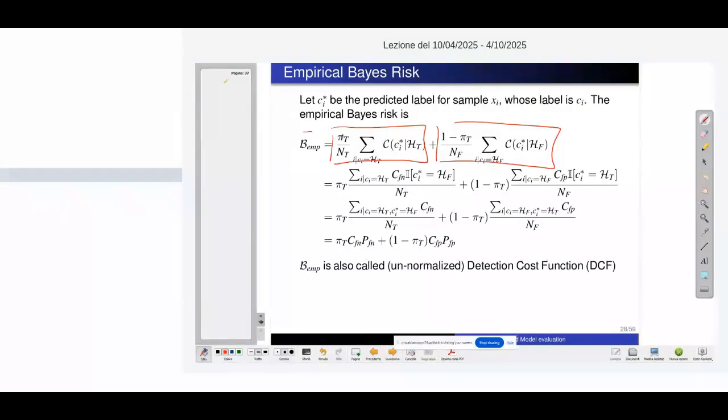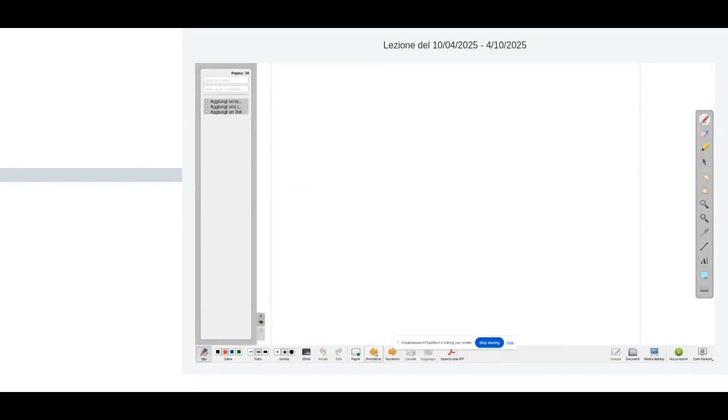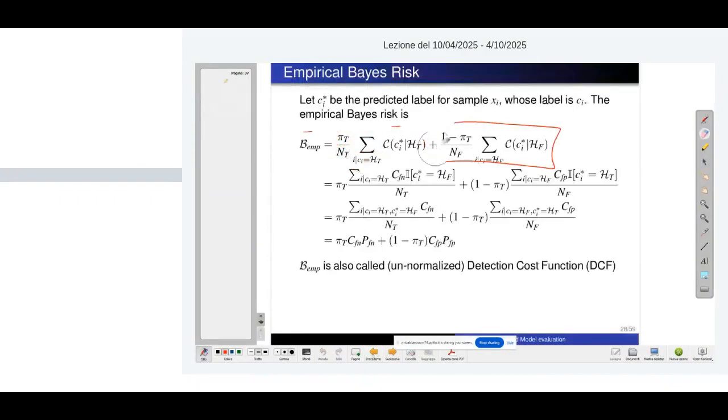The contribution of class true is what? It's the prior times the average cost of the samples from class true. This is exactly the contribution of the cost for the samples of class true. This c_i star is what before we were calling action x_i. We call it c_i star, the predicted label in this case.